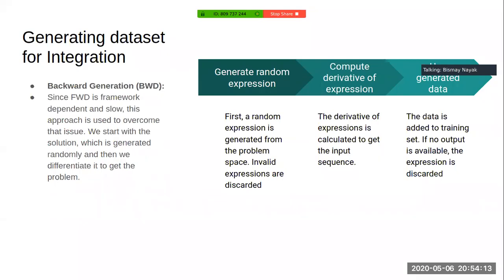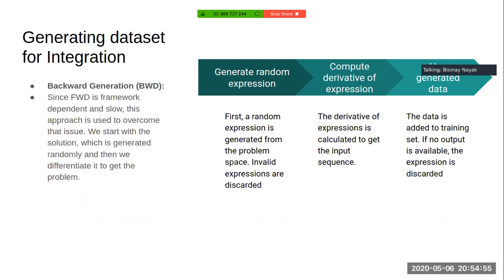To overcome the problem, what we do is we do something called backward generation. This is a much simpler idea. So in the previous method, what we did was we calculated the integral of a randomly generated expression, right? So we calculated the solution from the problem. But if we calculate the derivative of a randomly generated expression, we are able to find the problem from the solution. So we start with the solution and find what the corresponding problem for that particular solution is.